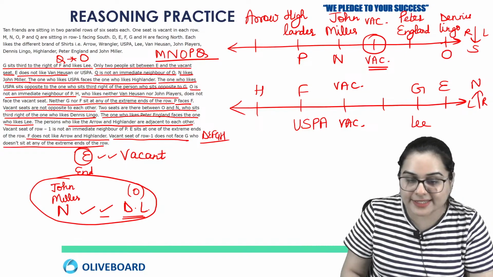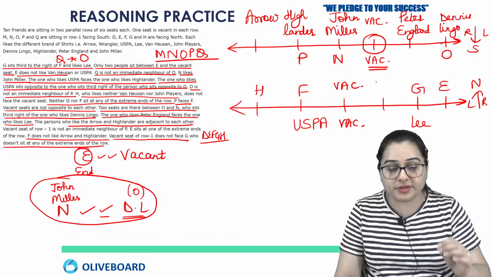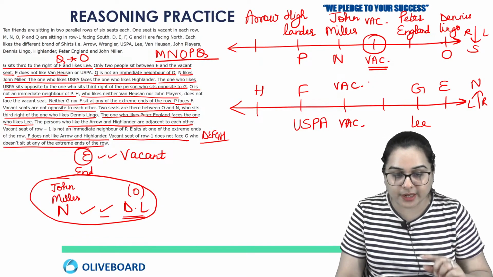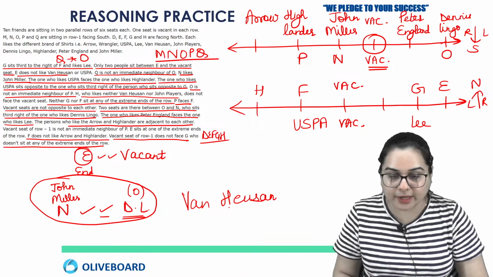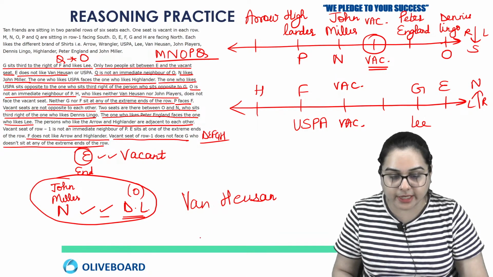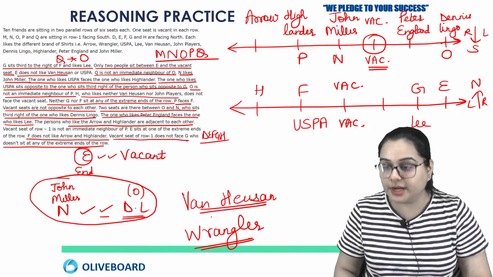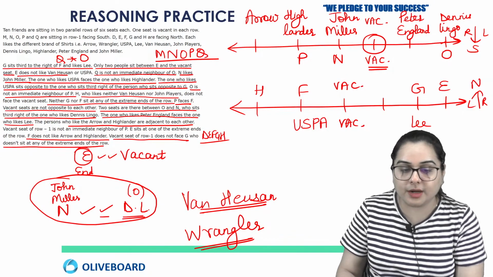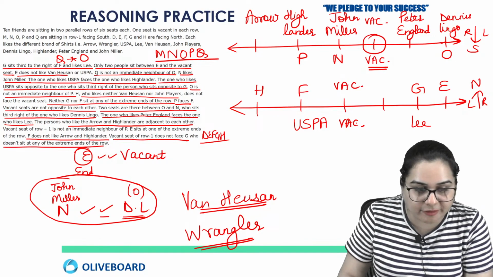So what else can we do? Now we have written most of the brands and we are left with just a few brands. What are the names of the brands that have been left? One is Van Heusen. Arrow we have filled, Wrangler is also not done. So we are left with these brands here, right? There are three brands that have been left.